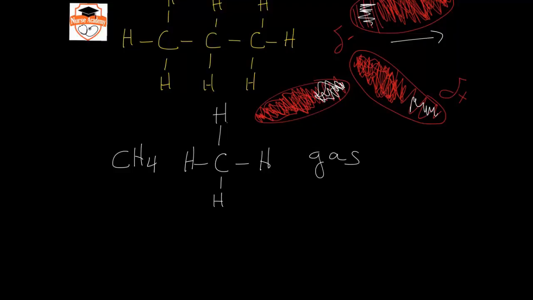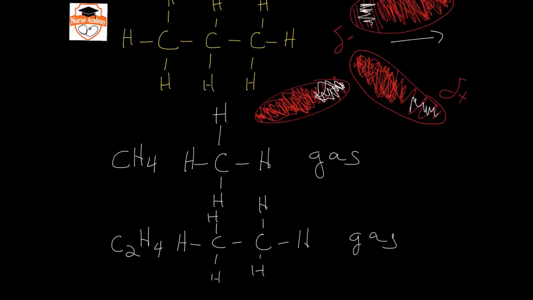But if we have C2H4, which has this many bonds in it, that's still a gas, but it has a higher boiling point, so it stays a liquid at higher temperatures than methane does. Okay, so the boiling point is increasing as the number of bonds increases.